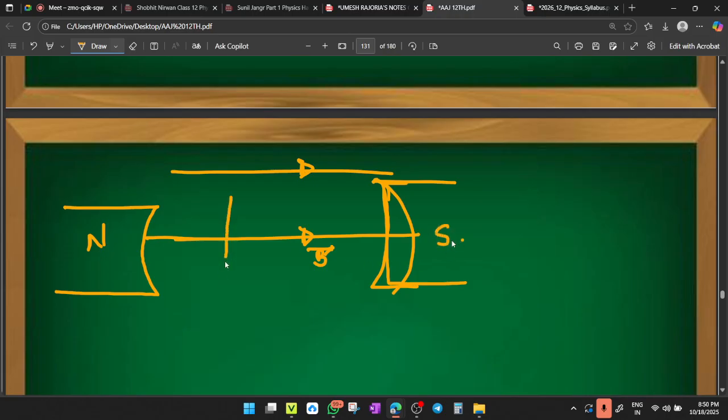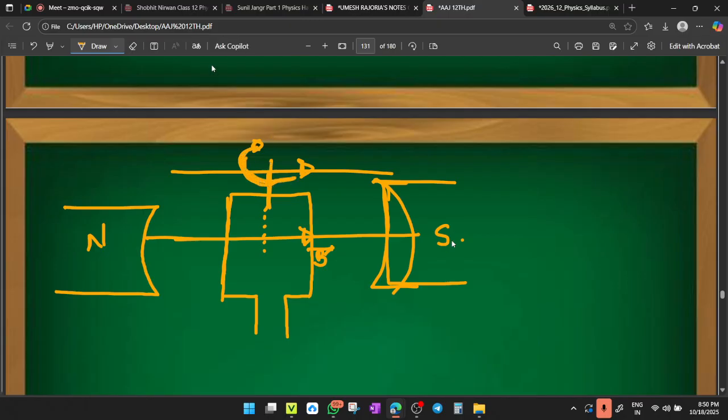Now a coil is here. You have applied a force to make this coil rotate in a perpendicular plane, clockwise.